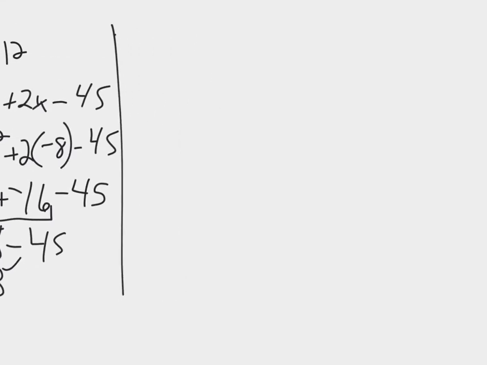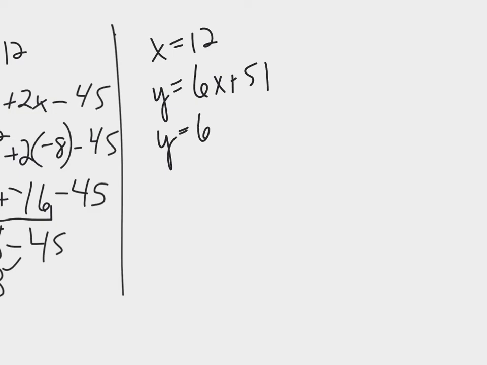x equals 12. Again, I'm going to rewrite my equation so I don't have a transfer error by trying to look way over at my book. Had to check my answer there real quick.